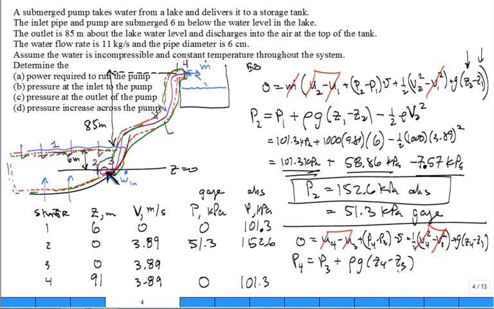Okay, so what you do is you put in your numbers and you find that the exit pressure, did I write P4? This is P3 and 4. Does that look better? So what do we have? We have 101.3 kilopascal.